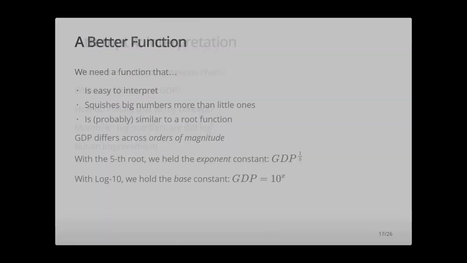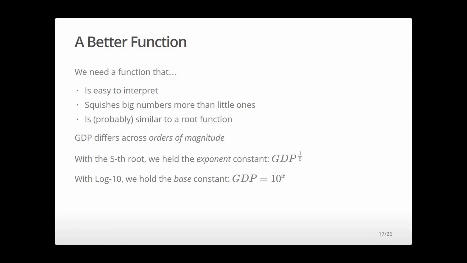So, we need a function whose output is easy to interpret, and it's likely that function will be similar to a root function. So, let's think about those two things in turn. First, what is it that's actually interesting about the variation in GDP? Well, the fact that it varies across so many orders of magnitude.